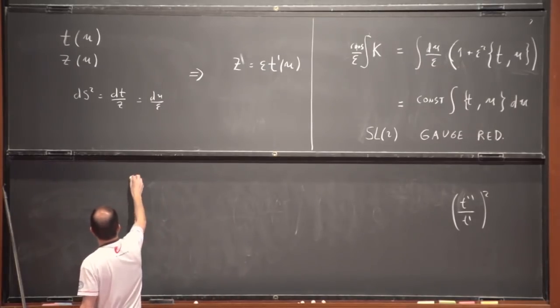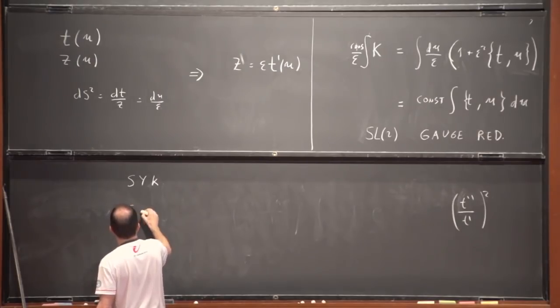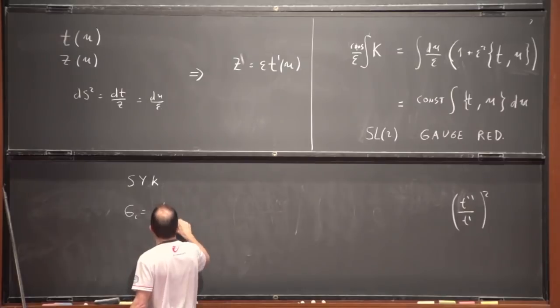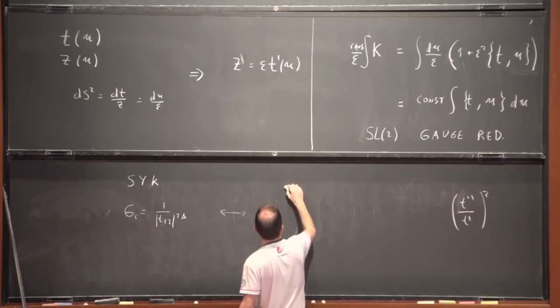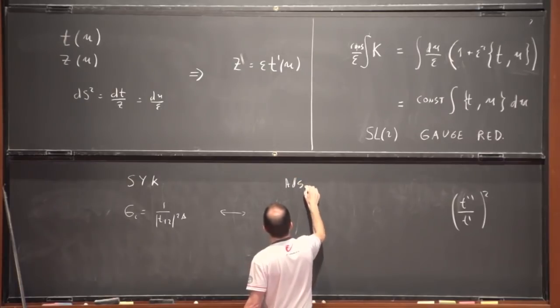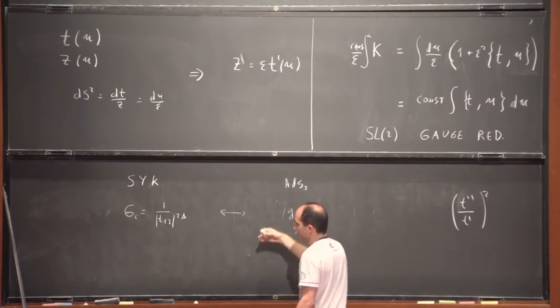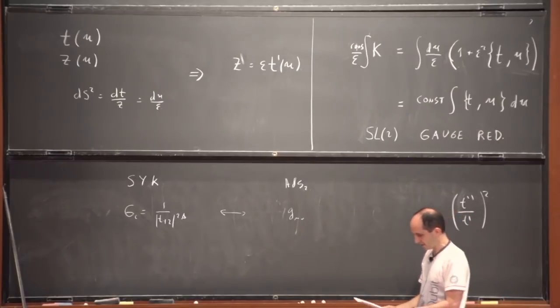So in SYK, we had to leading order a G conformal that went like 1 over t1 minus t2. And this is roughly the same in AdS2 as having the metric, the AdS2 geometry. So the AdS2 metric that is invariant under the SL2 transformation, exactly invariant.